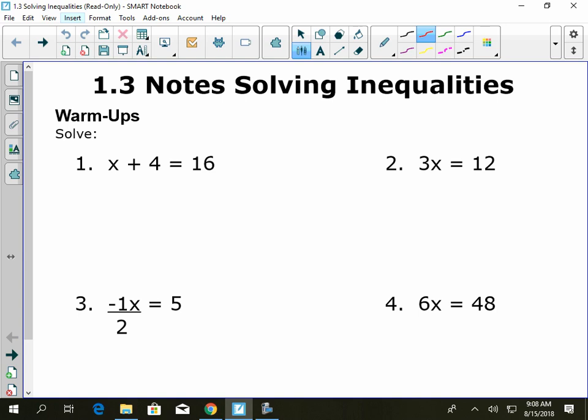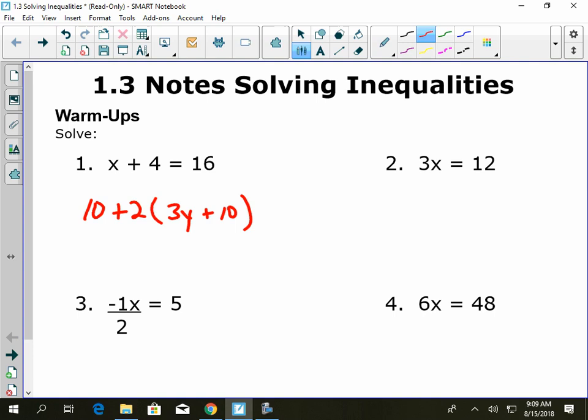Equations have equal signs. One thing I noticed when you were combining like terms, some of you are still trying to put y equals. So let's say this is the problem we have: 10 plus 2 times (3y plus 10).